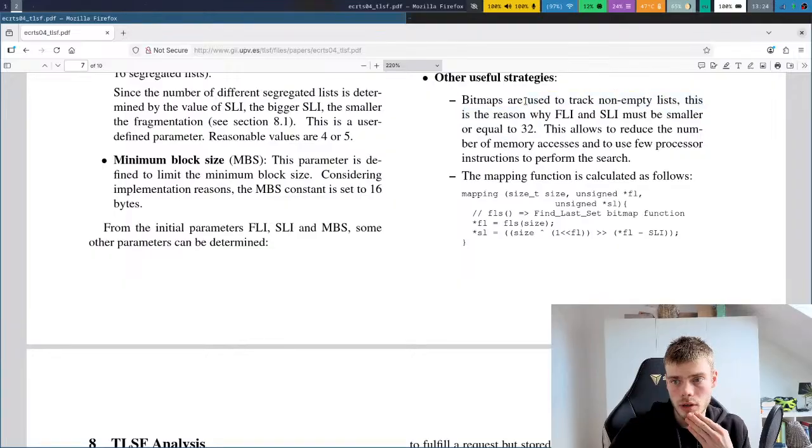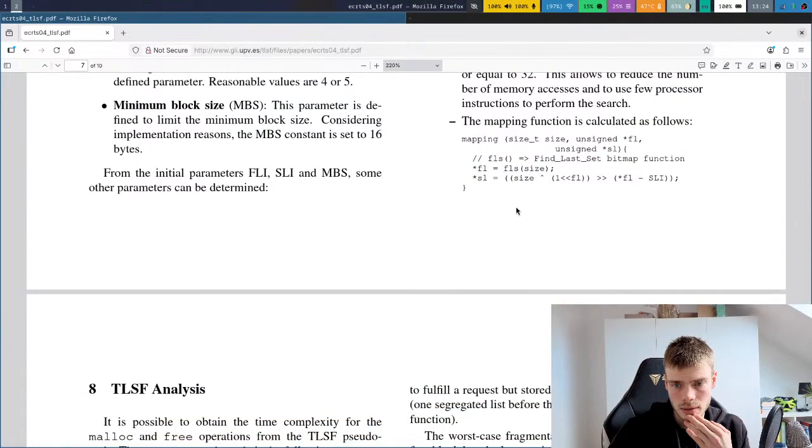Bitmaps are used to track non-empty lists. The reason why FLI and SLI are equal to 2. This allows to reduce memory accesses and to use bit instructions for search. The mapping function is as follows. As said, this XOR.